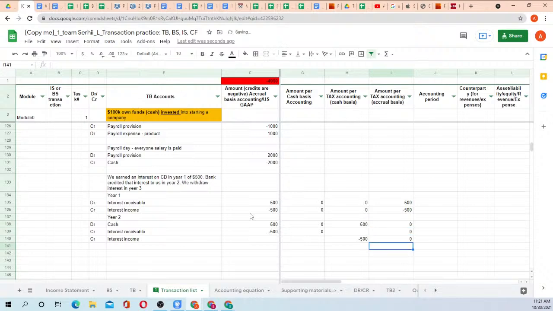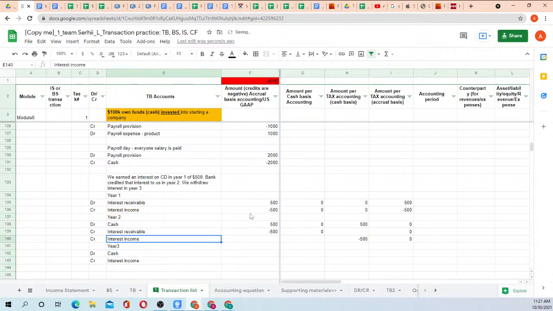And of course, these are all zeros. Year 3. And only in year 3, when we withdraw, we might want to make it debit cash, credit interest income.